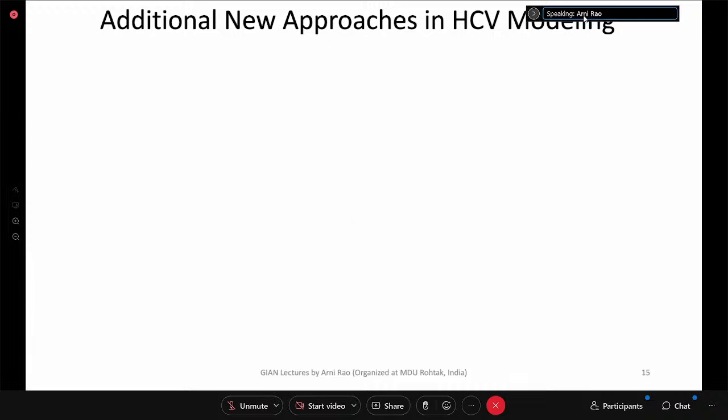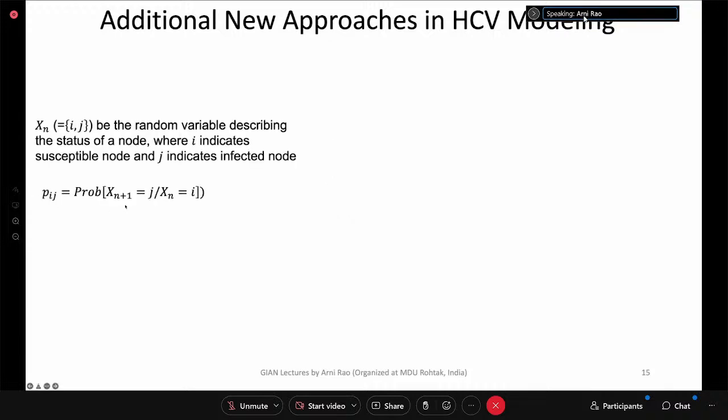So Pij is the probability that X_{n+1} equals j given X_n equals i. At the nth time step the status is i, at n+1 it is j. I indicates susceptible, j indicates infected.